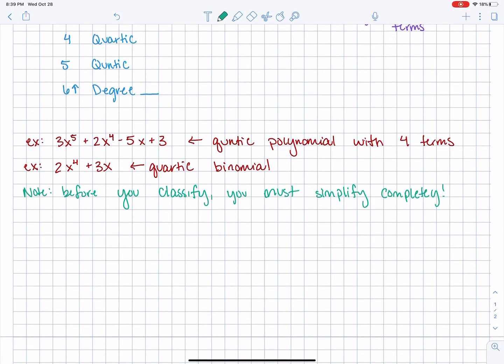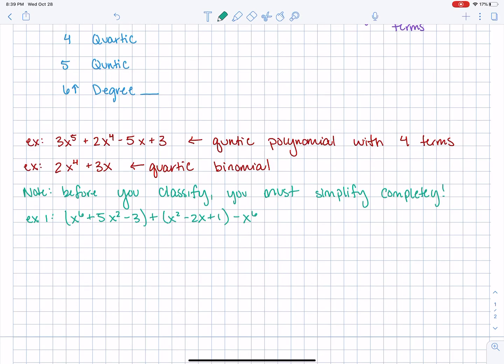So our first example, I'm going to say example 1 on this one, is that we are going to do x to the 6th plus 5x squared minus 3 plus x squared minus 2x plus 1 minus 6x to the 6th.